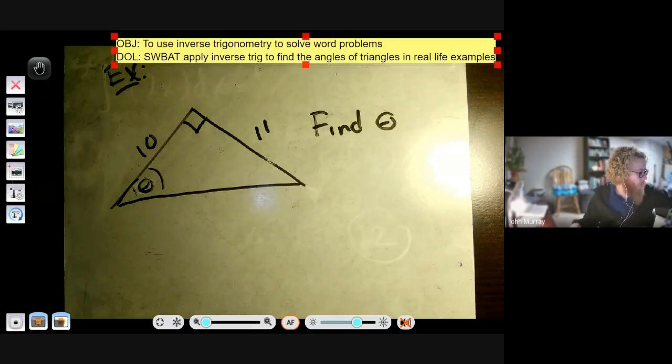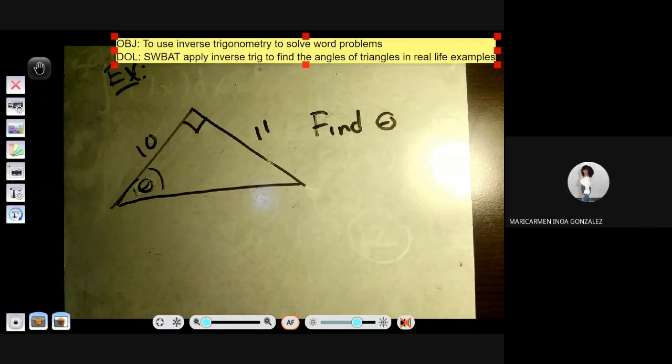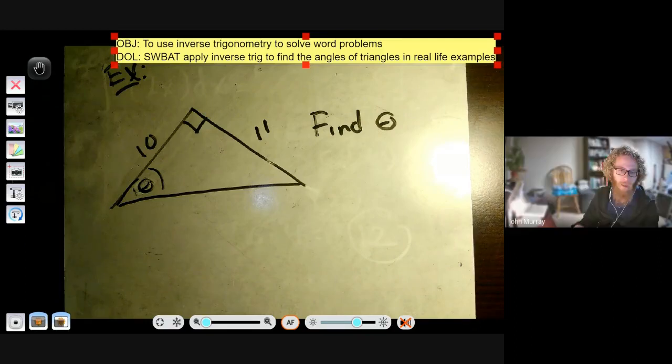All right, so given the two sides that we're given, would I use sine, cosine, or tangent for this? Does anybody want to? Cosine?